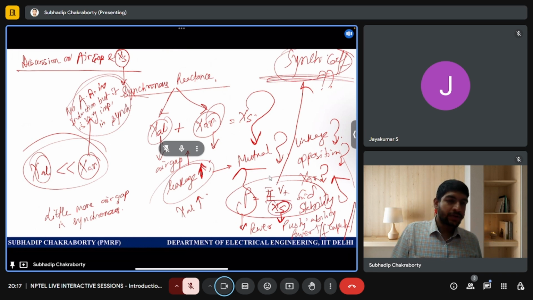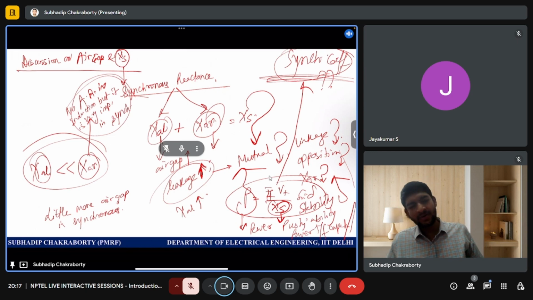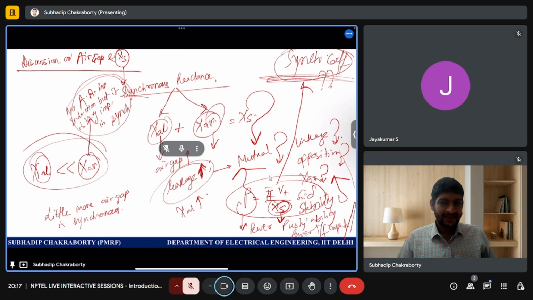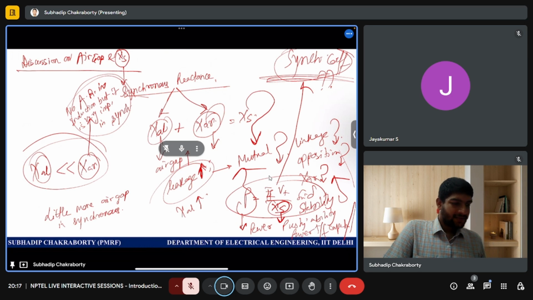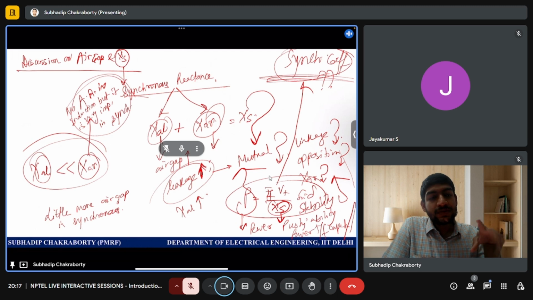So that is why by construction we slightly want to reduce the effect of armature reaction. Armature reaction is not desired actually. Okay, we want to reduce its effect, but we cannot help. Armature reaction we completely cannot eliminate. It is there, which has some effect on the net flux, but we want to reduce that phenomenon.